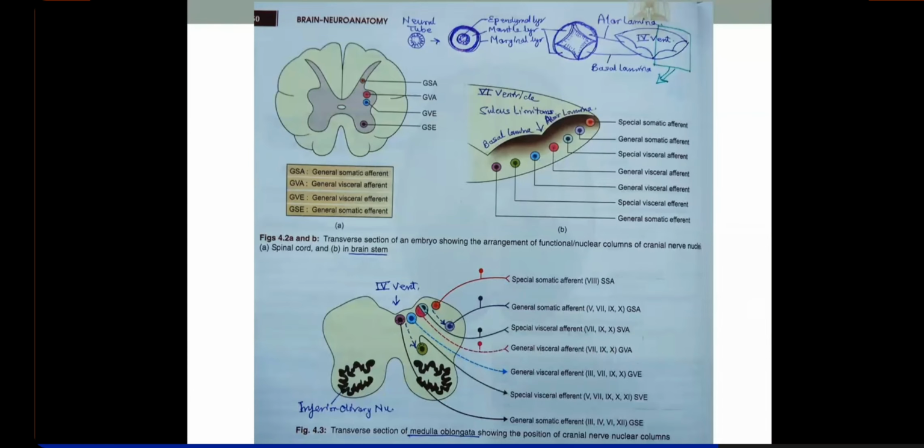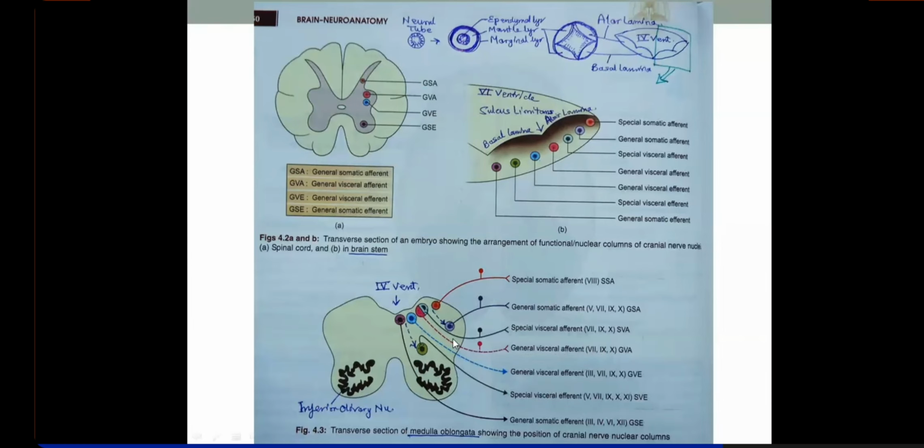Then the posterior one-third of the tongue, taste sensations are being carried by the glossopharyngeal nerve, including the circumvallate papillae. So taste sensations from the posterior one-third of the tongue and circumvallate papillae will be carried through the 9th cranial nerve, the glossopharyngeal nerve. And these sensations will reach here into this special visceral afferent nucleus.